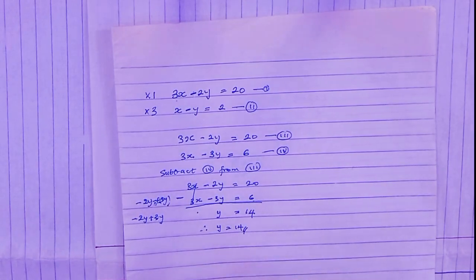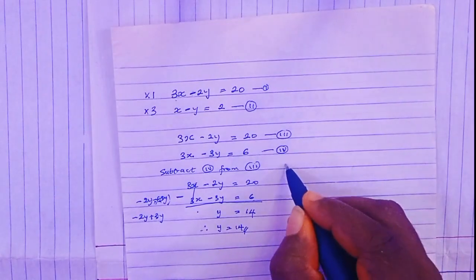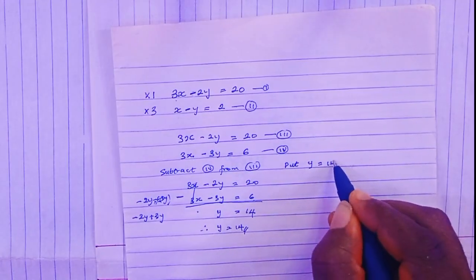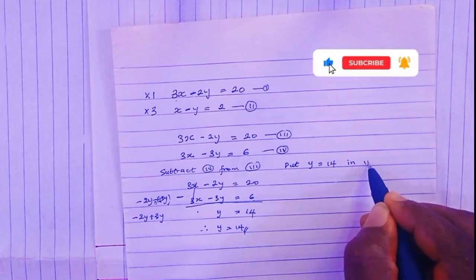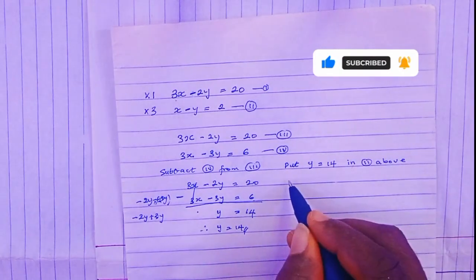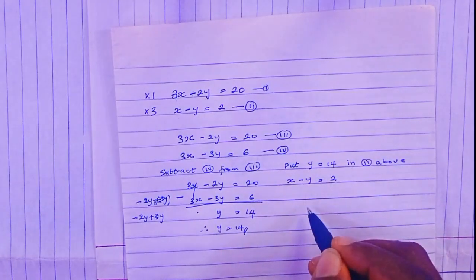So in order for us to find x, we are going to substitute y as 14 in any of our equations. Alright, so let's use equation 2. Simply say, put y equals 14 in equation 2 above. Our equation 2 still remains x minus y equals 2.